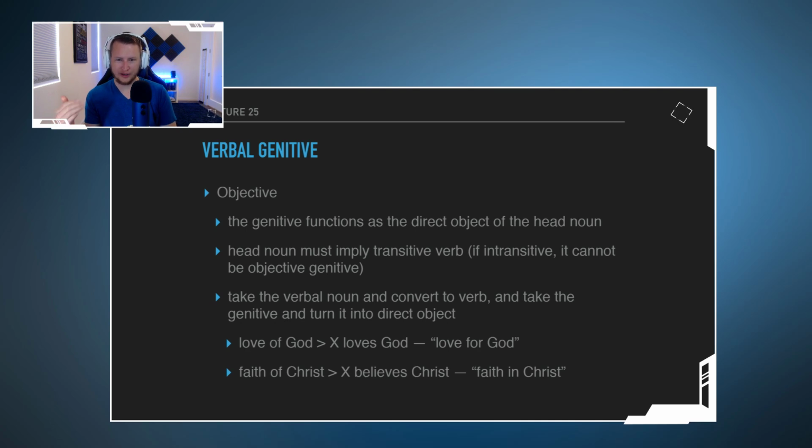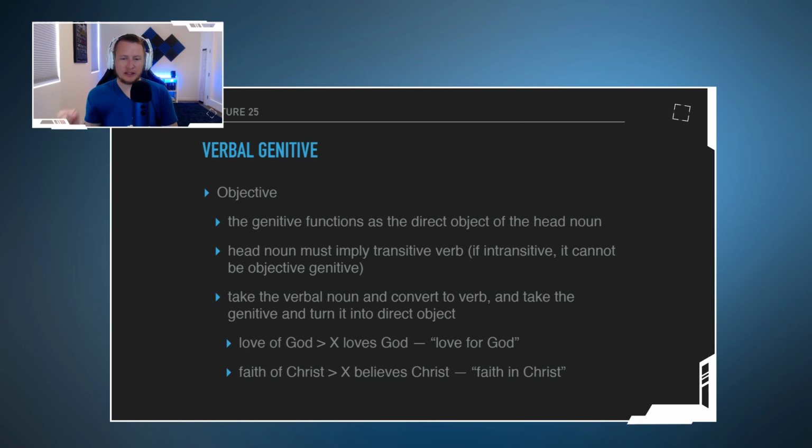The action transitions to something. It is in transit. Okay? Now, if it's intransitive, that means it does not transition action to something. Okay? I am. That's a verb. It is intransitive. It doesn't make any action transition to a direct object. Okay? So the verb or the noun itself must imply a transitive verb.